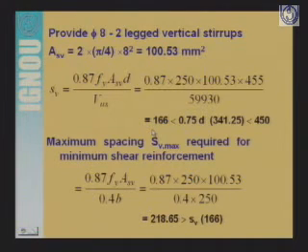So the decision is that we will provide 8 mm 2-legged vertical stirrups at a spacing of 166 mm. So this is the solution of this particular problem when we are asked to design the shear reinforcement in the form of vertical stirrups. So this was one problem.